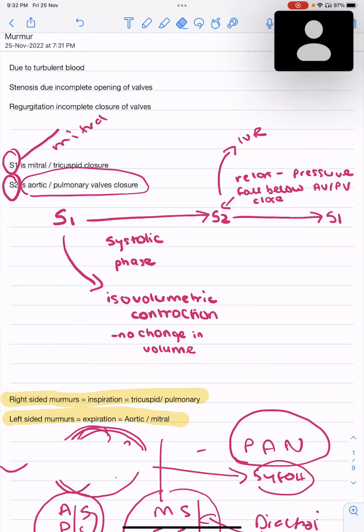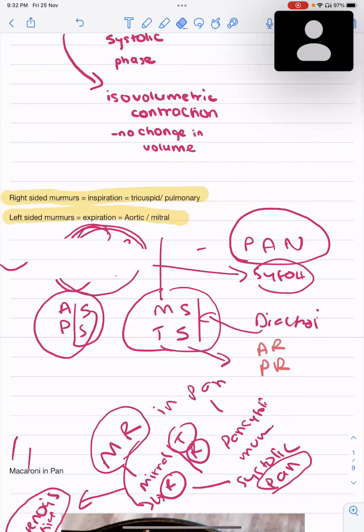To remember this very easily, I'll make it easier for you guys. The right has I, the I from inspiration. Left has E, the E from expiration. So right-sided murmurs are going to sound louder when a person is inspiring.